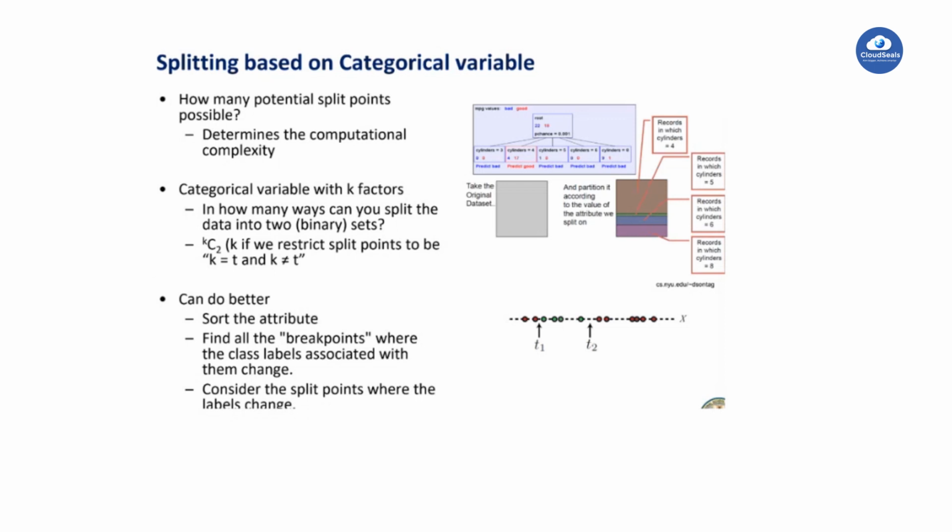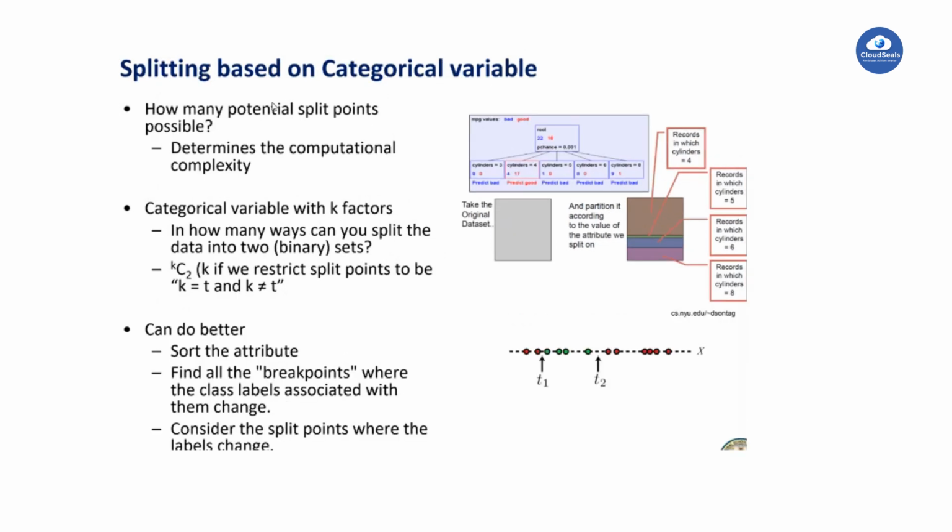Initially I said decision trees are useful for classification problems and regression problems. Classification problem means the dependent variable is a categorical variable. Regression means the dependent variable is a continuous numerical variable.